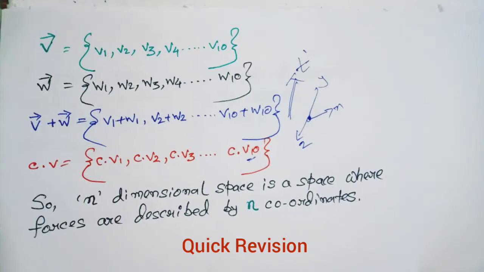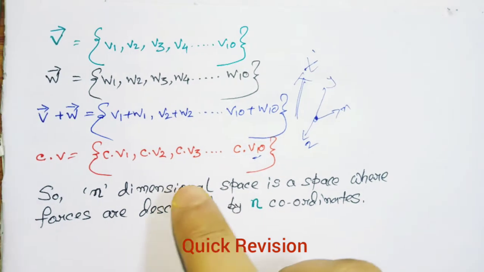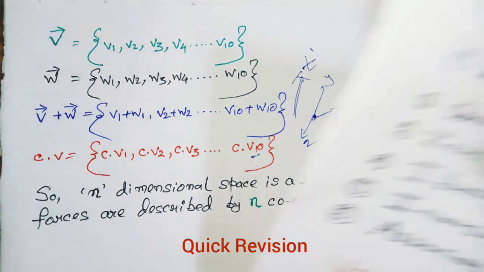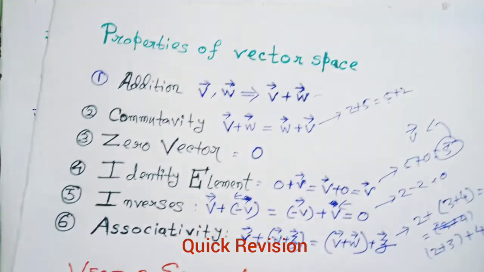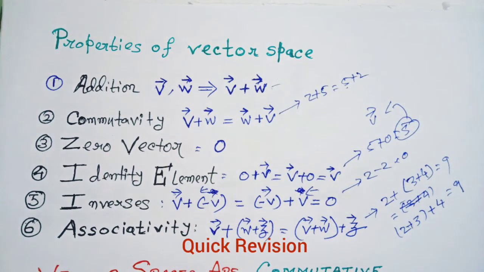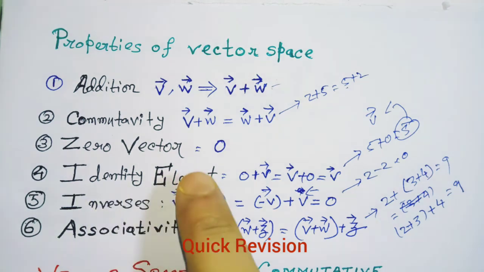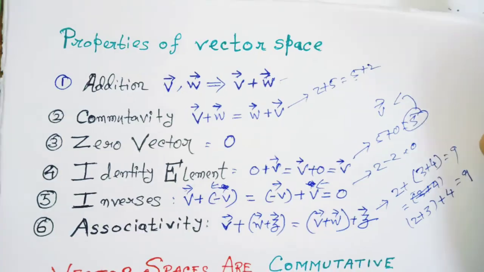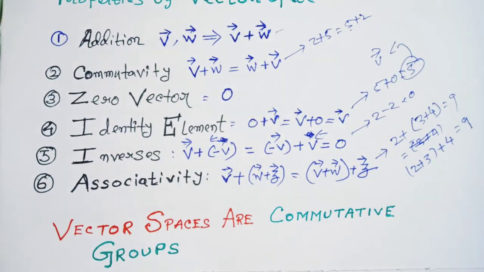This was the first thing, where I have shown that you can generalize things into different parts, like you can call it an n-dimensional space, etc. Properties of vector space, it has got, I would say, 6 properties. It has addition, commutativity, zero vector, identity element, inverses, and associativity, which can finally be termed as vector space or commutative groups.